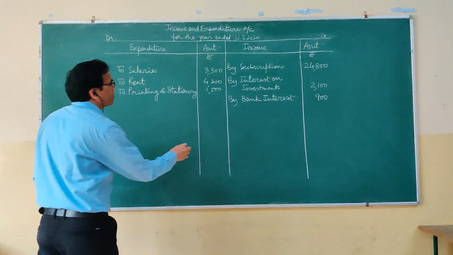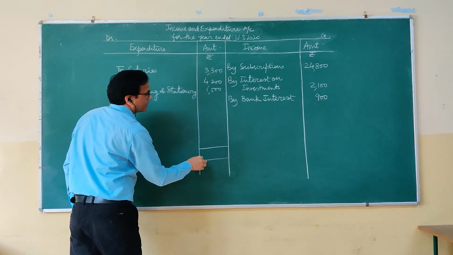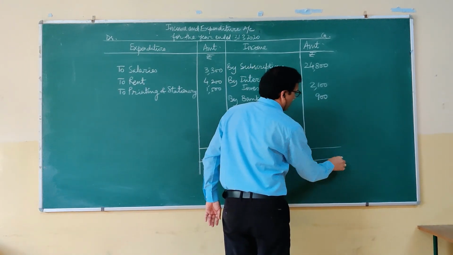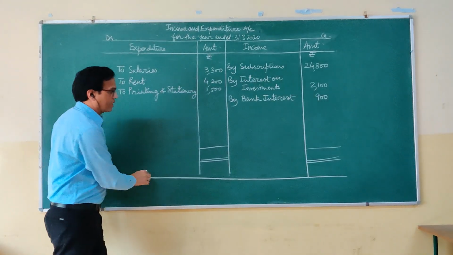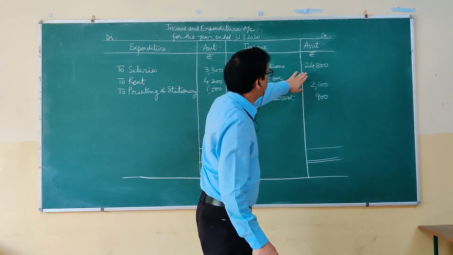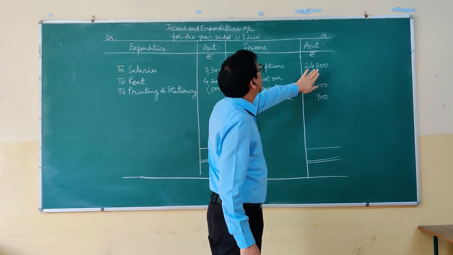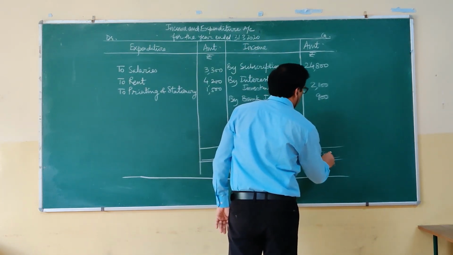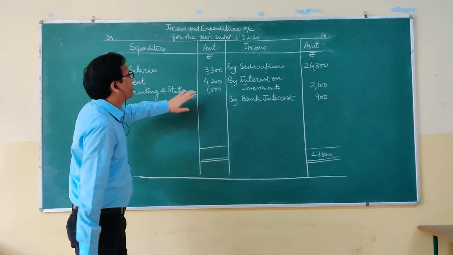Now what we will do? We will take the total of both the sides, and after that we will compare which side is larger. Here it is 27,800, whereas on the debit side it is lesser than that.